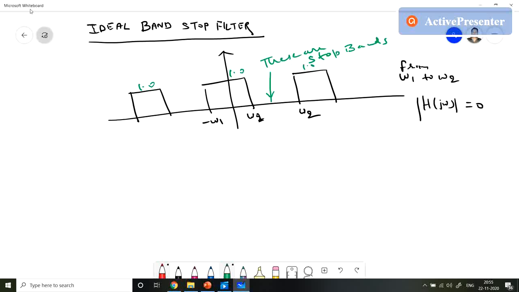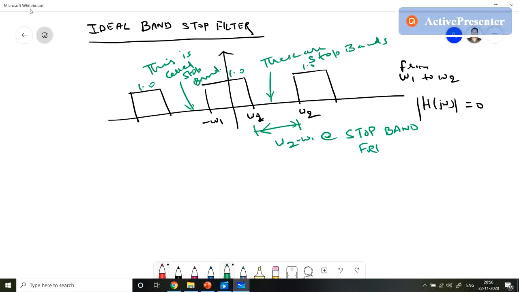This is also called the stop band in the negative axis. So this frequency range, omega 1 to omega 2, is a stop band frequency.